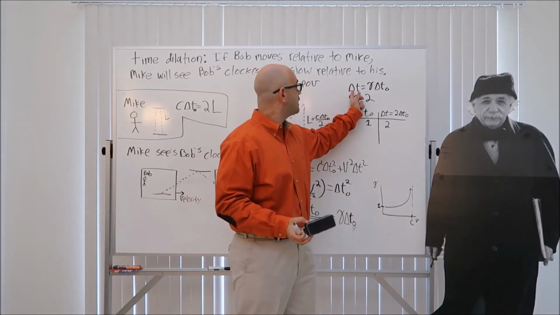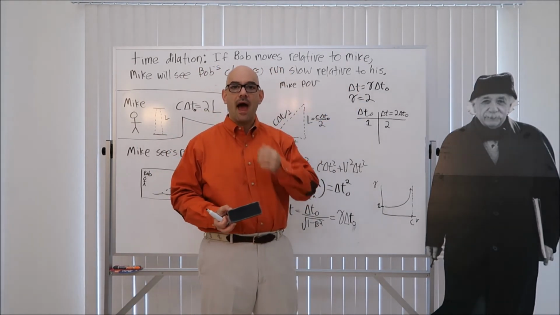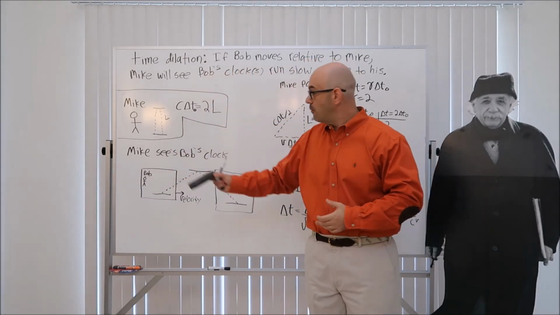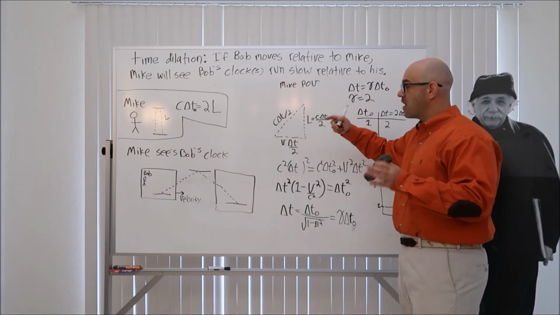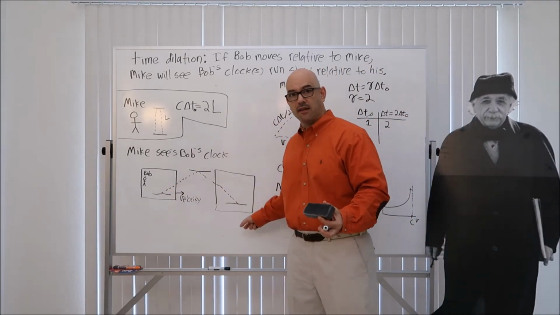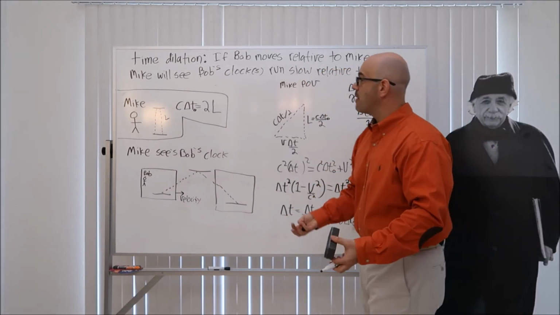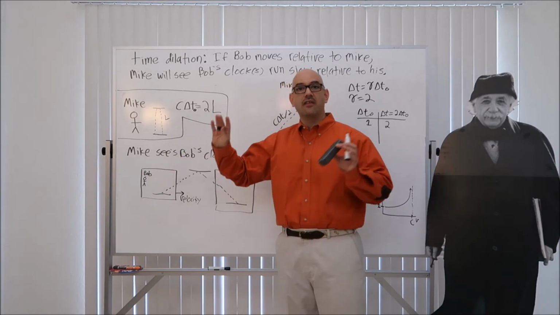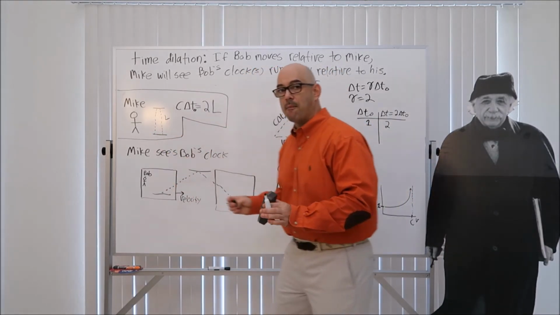So delta t is the time for 1 unit of time to pass on Bob's clock, on the moving clock. This is the amount of time that passes on the moving clock as light goes from the bottom to the top, back to the bottom. Delta t0 is the amount of time that passes on the stationary clock, and this is all in Mike's inertial reference frame, as light goes from the bottom to the top, back to the bottom.